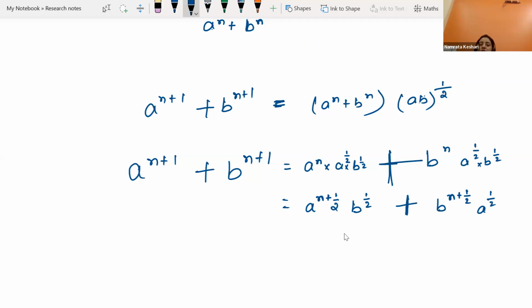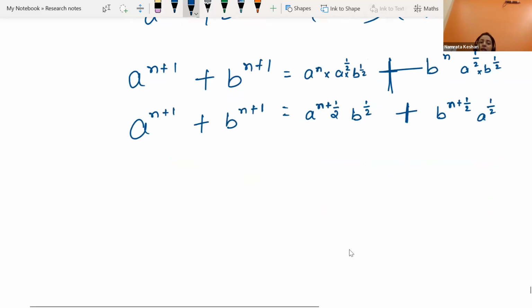Any confusion so far? Let's keep a with this ab and then b with this ab. Let's see, is it possible to solve it?